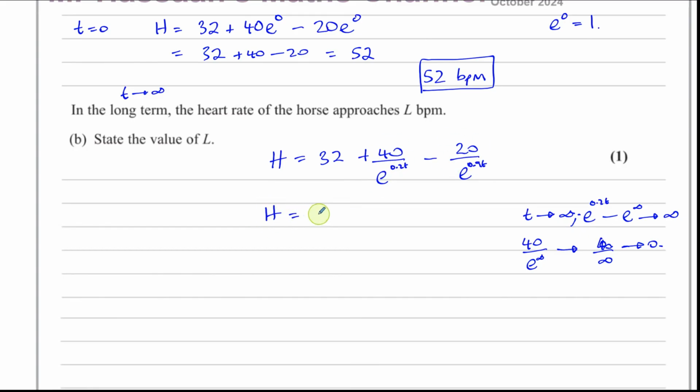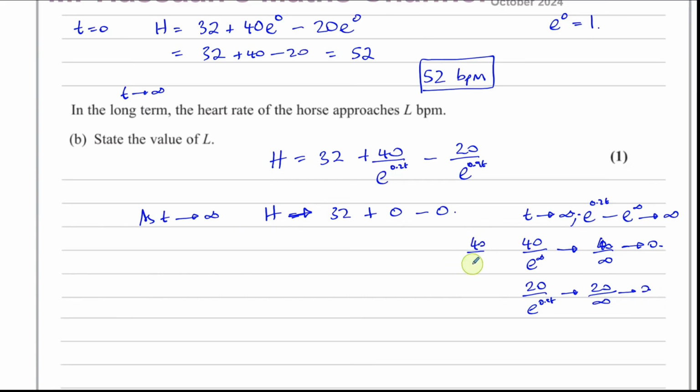So as t approaches a really large number, then H will approach 32 plus 0 minus 0, because 20 over e to the power of 0.9t is going to approach 20 over some really huge number, which approaches 0.